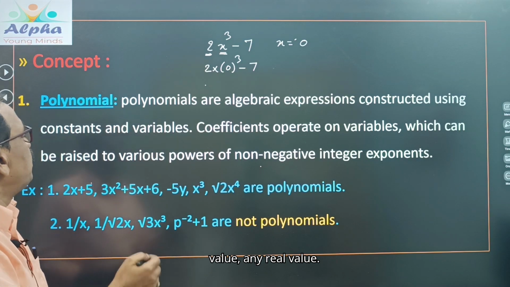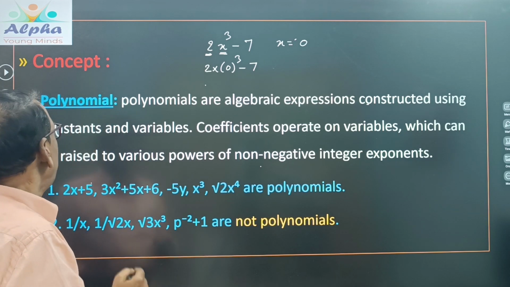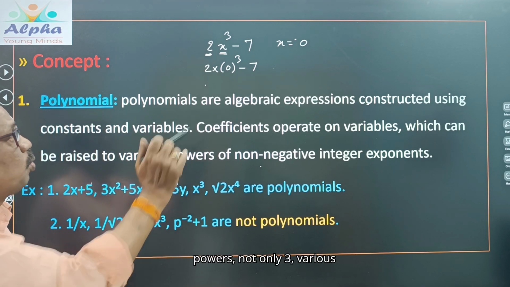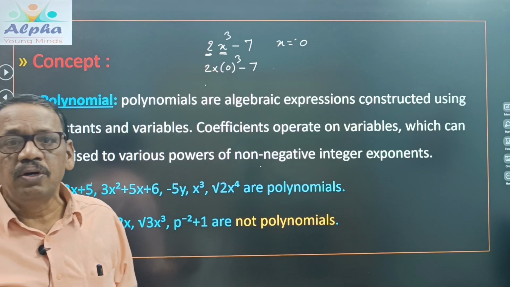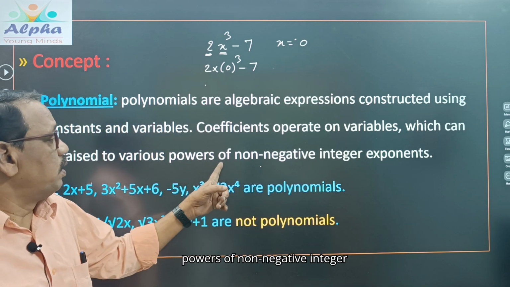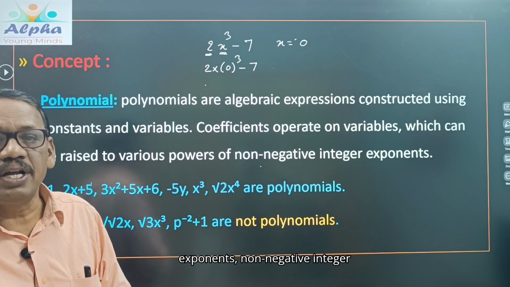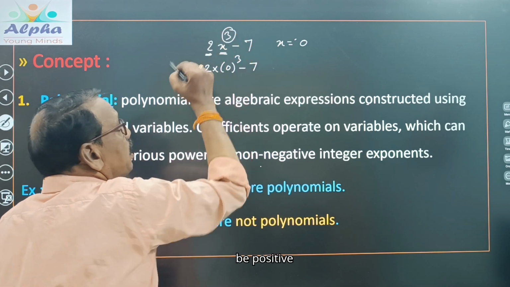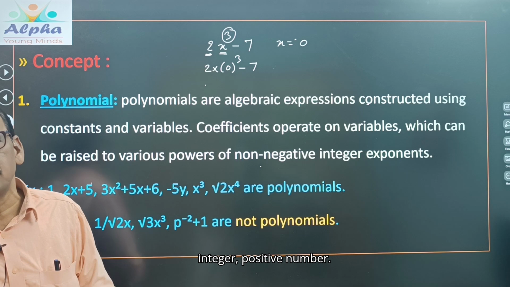The coefficient operates on variables which can be raised to various powers, not only 3, but various powers: 1, 2, 3, 4, 5, 6, 7, like that. Powers of non-negative integer exponents. The exponents must be non-negative integers.